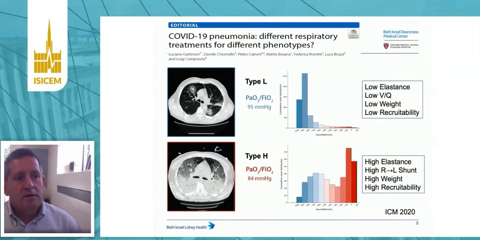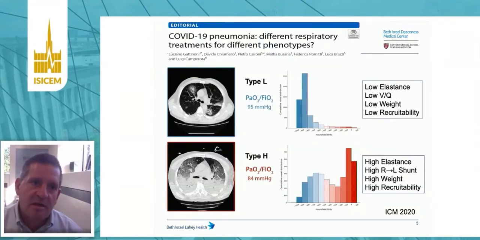Now, Dr. Gattinoni and colleagues have postulated that there are two types of patients in COVID-19. Those who they call type L, signified by low elastance, low shunt, low weight of the lung, and low recruitability. But this is a specific phenotype that needs to be treated differently.